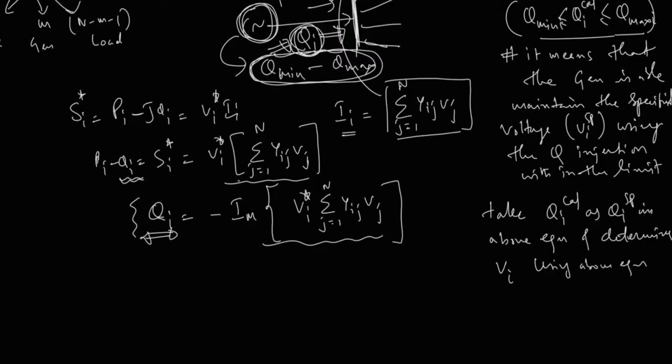Once I calculate this vector V_i, some adjustment is needed, because this V_i phasor is actually V_i magnitude at an angle delta_i. Now I replace this V_i magnitude with the V_i specified quantity.